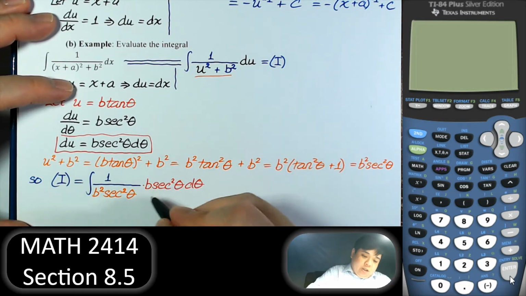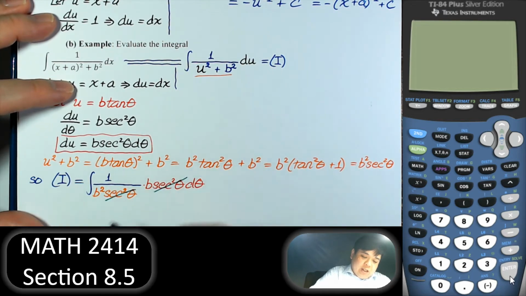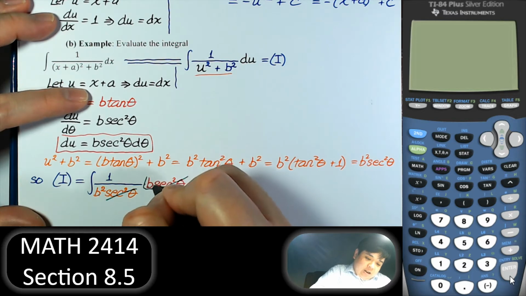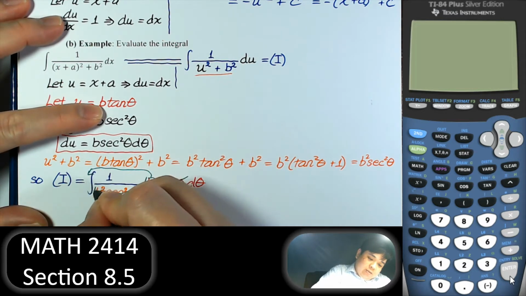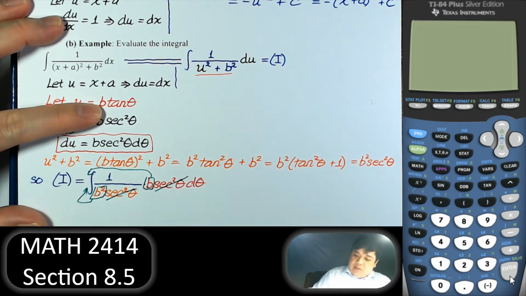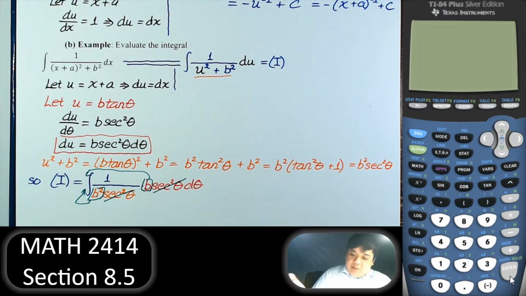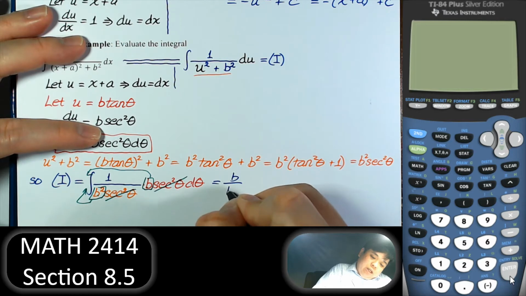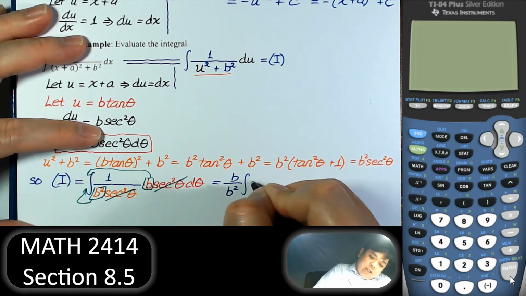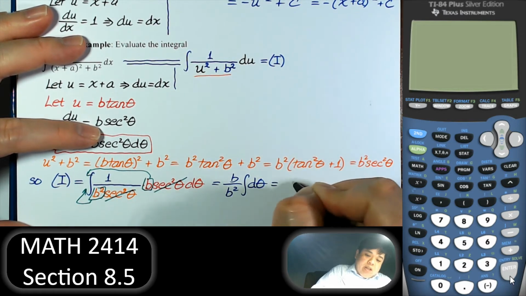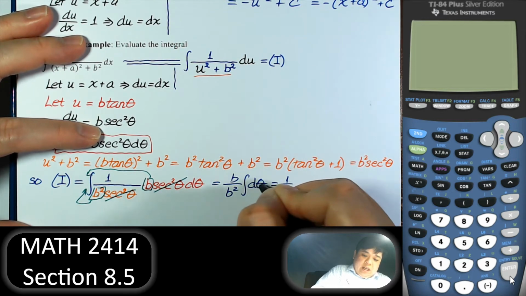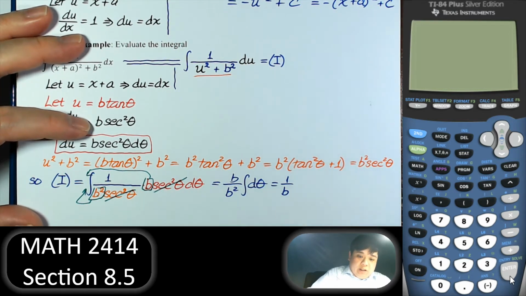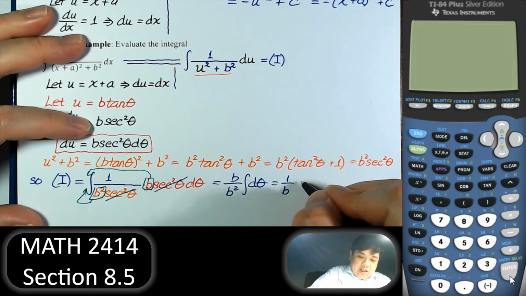Right, good thing the secant squared cancels out, and there's a b over b squared, the constant b on the top, b squared at the bottom. So with everything simplified, we don't have anything except b over b squared times the integral of d theta. b over b squared is 1 over b, and the integral of d theta is just theta.